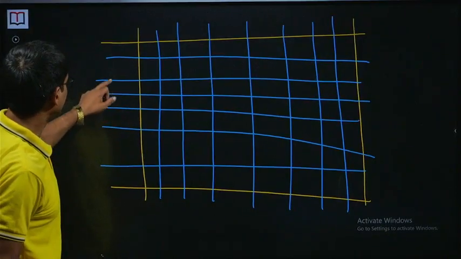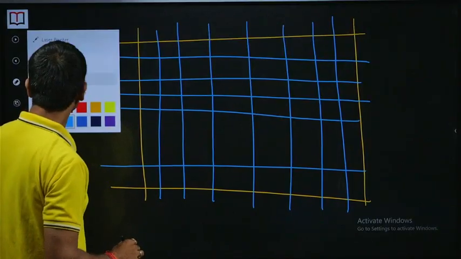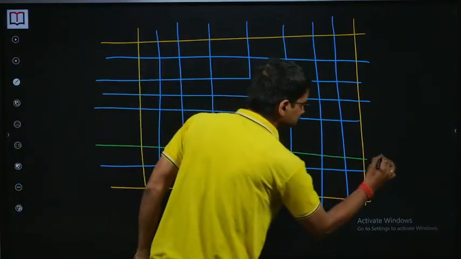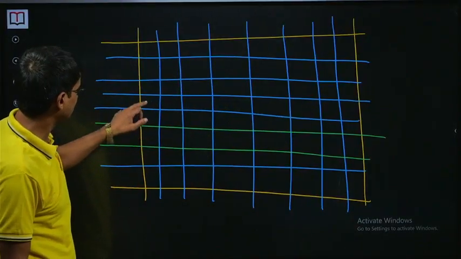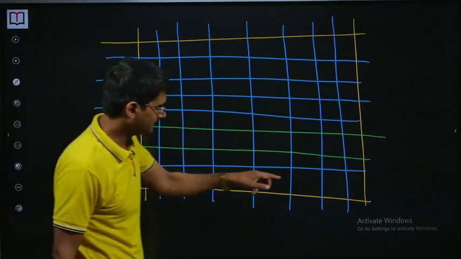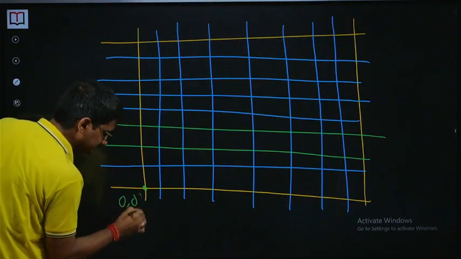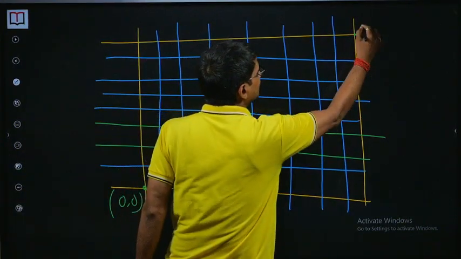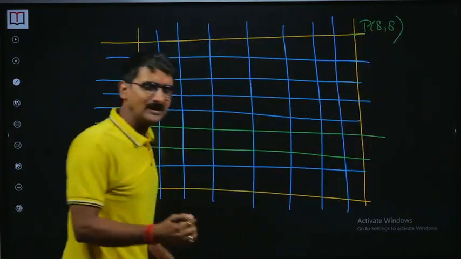So that might be 1, 2, 3, 4, 5, 6, 7, 8, and 1, 2, 3, 4, 5, 6, 7, 8. So the question is, you start from here, 0, 0, and you have to reach here, the point, let's say P, 8, 8. In how many ways?